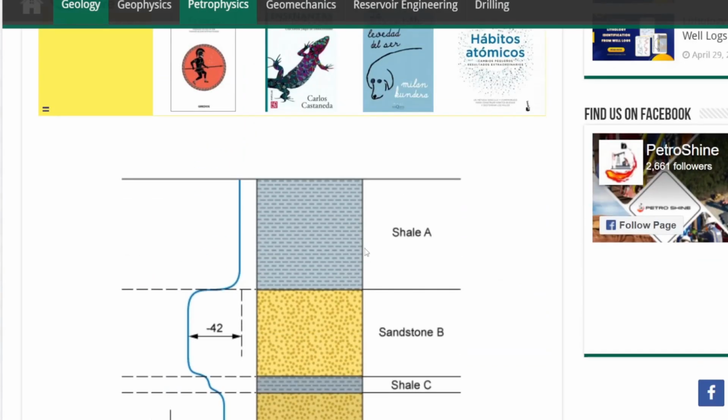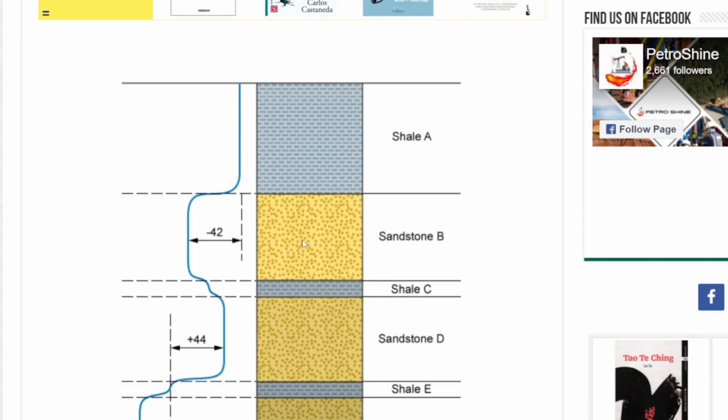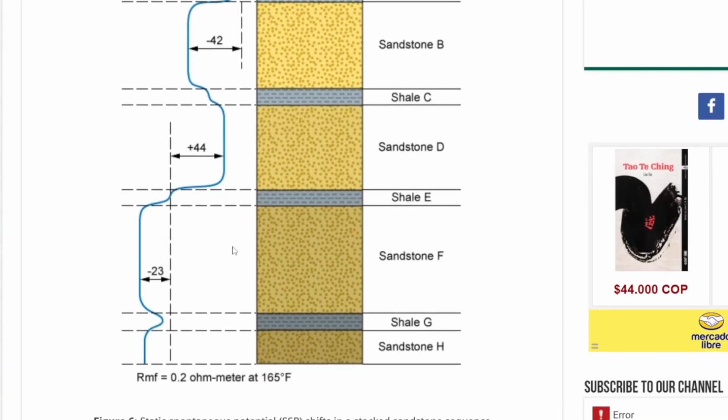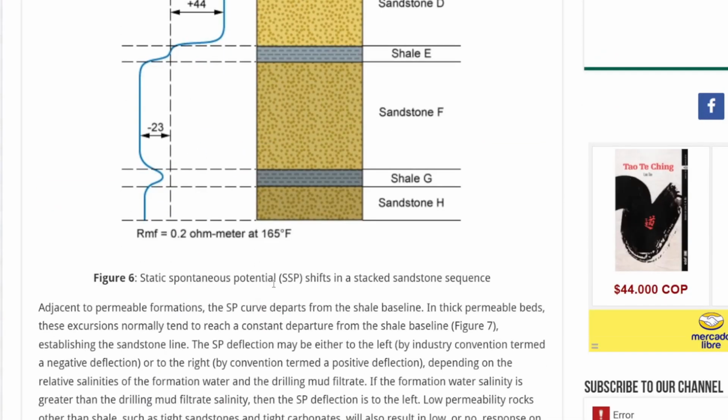And here we see shale A, sandstone B. There's also some drifting here because the shale line is different from shale A to shale C, and we see that there is more deflection for sandstone B than for sandstone D. Sandstone F has way more deflection, and this shale baseline, there is drifting. So there's a lot of changes in fluids here.